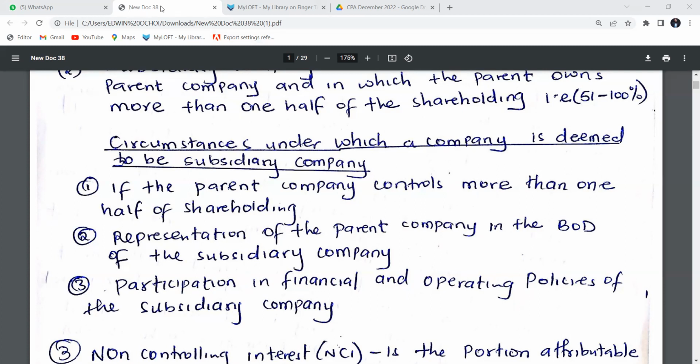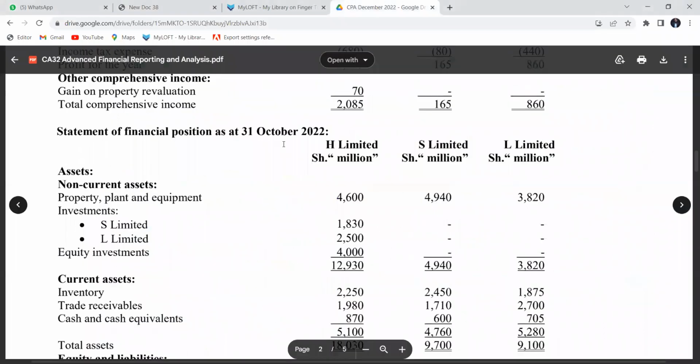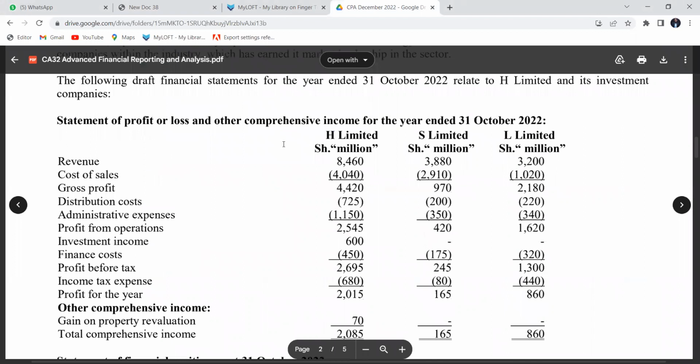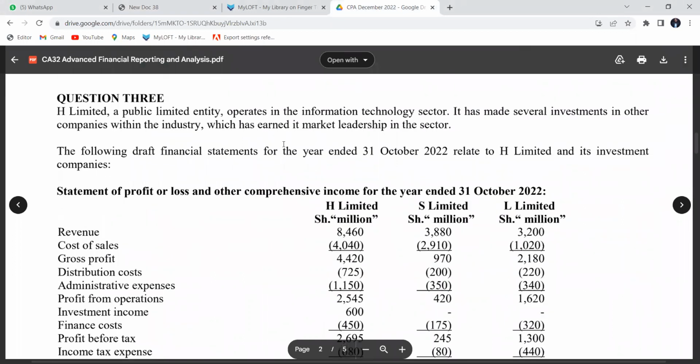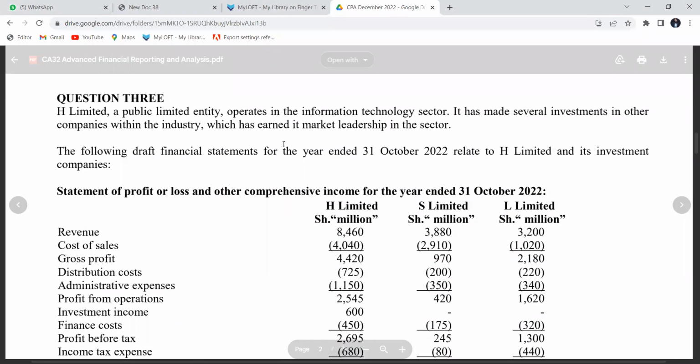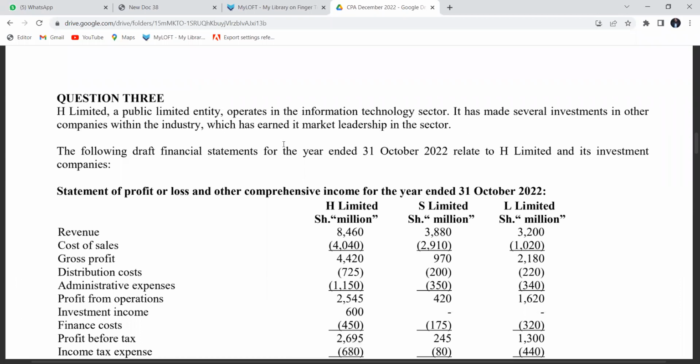Now, if we look at our sitting question, I think this one, question 3, they were mentioning that H Limited, a public limited entity, operates in the information technology sector.